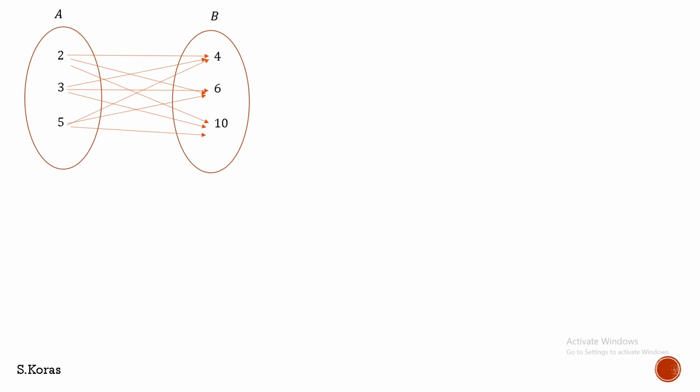But now what we are going to do, we are going to define a rule to get a relation. Now it is simply A cross B. If you want to find A cross B, it is very simple: 2, 4, 2, 6, like that it is going on. It is the ordered pair of A cross B. But now among this we are going to use some rule.